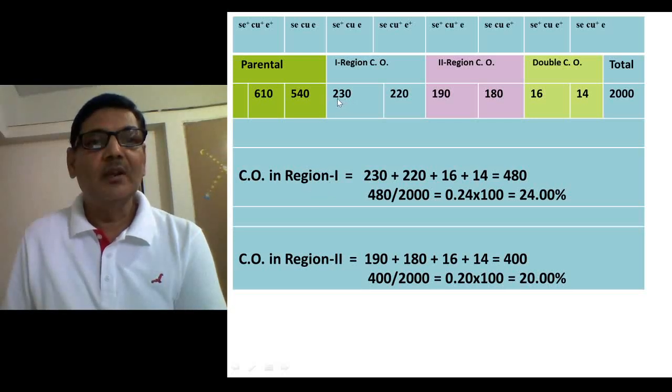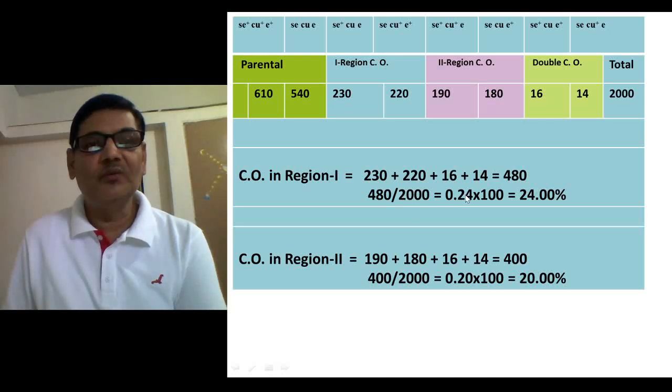What we are doing, we are simply adding the number 230 plus 220, and along with these you have to add the double crossovers. So double crossovers, they are 16 and 14 in number. So this number 16 and 14 you have taken here. The total number comes 480. And this 480 will be divided by 2000.